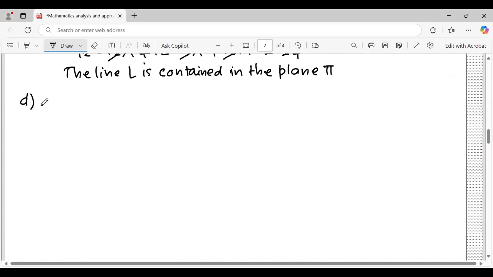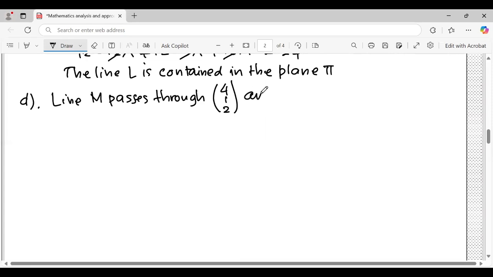D. Line M passes through (4, 1, 2) in column matrix, and on the z-axis at (0, 0, z).